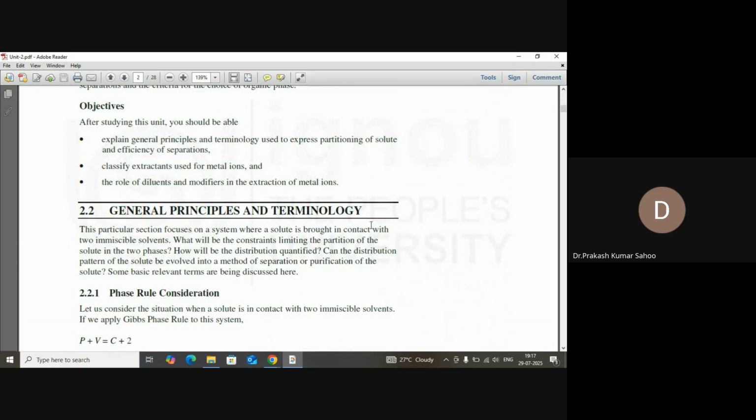Then the primary objectives of this unit: explain the general principles and terminologies, what is a solute, efficiency of separation, classify extractants used for metal ions, and the role of diluent and modifier.